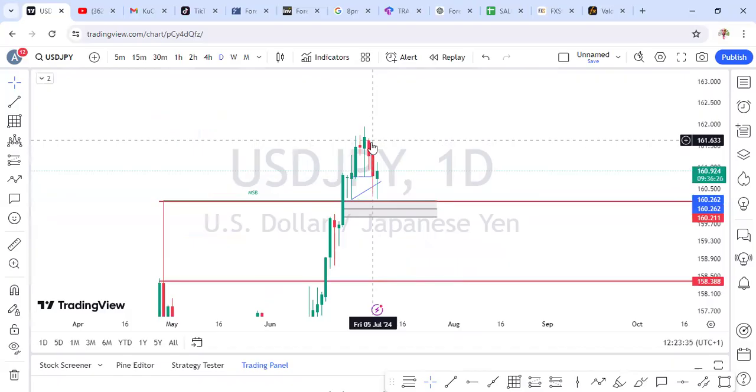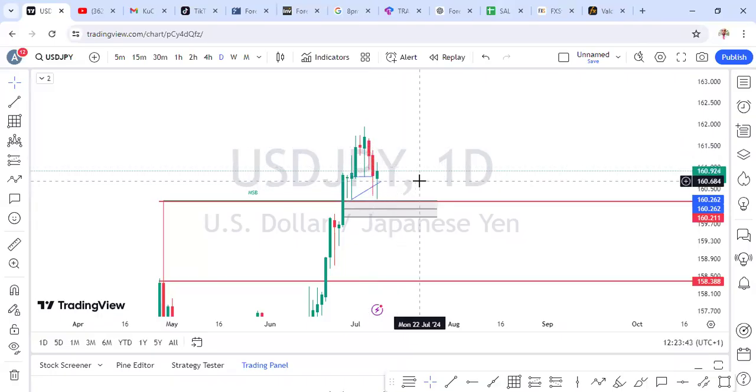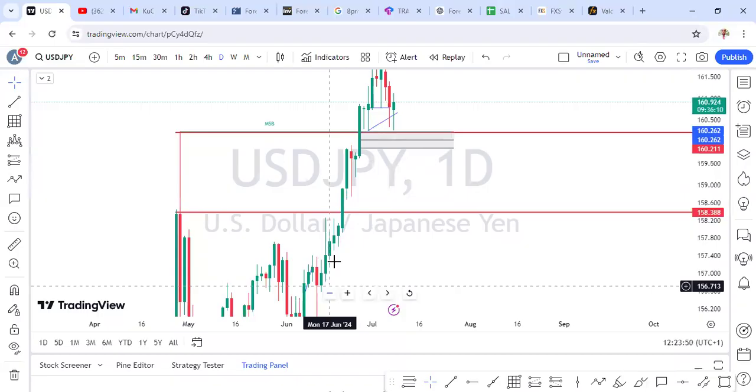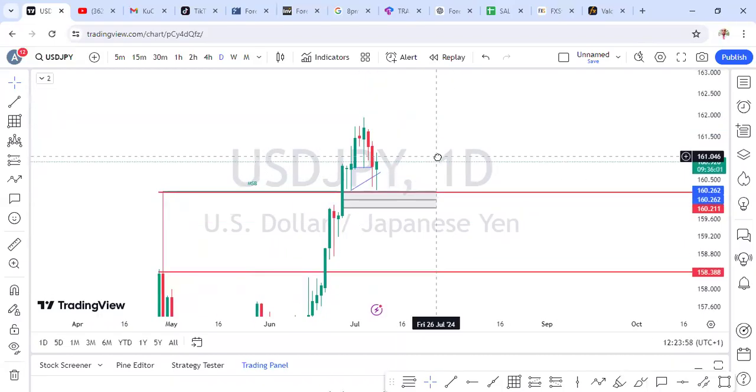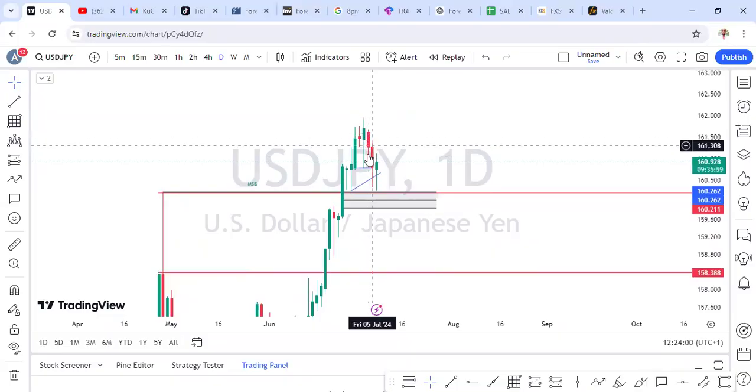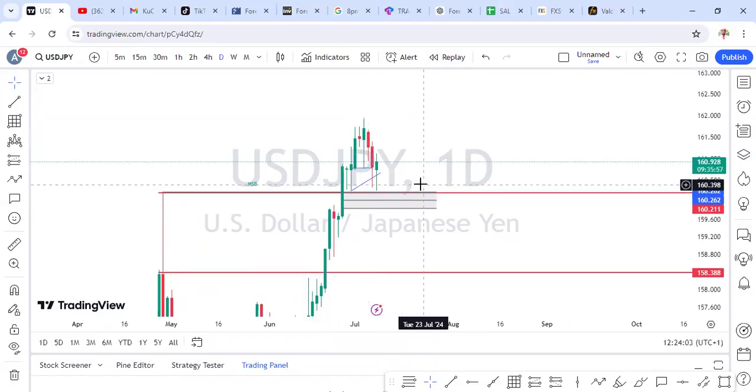Now, when you have this type of two bearish candles, how do you know that price will change direction? We have been having consecutive bullish candles. You can see the only bearish candle we had was a rejection and it continued bullish. But having two bearish candles at the same time tells us that price will want to go bearish.